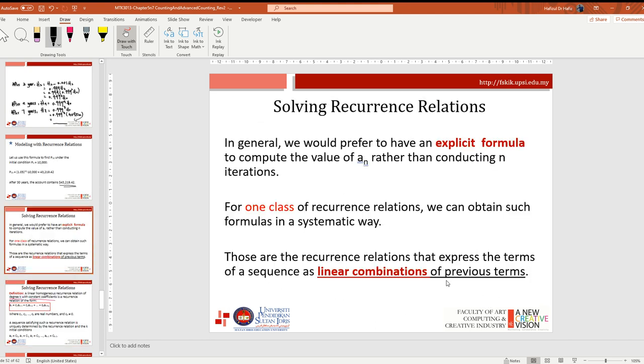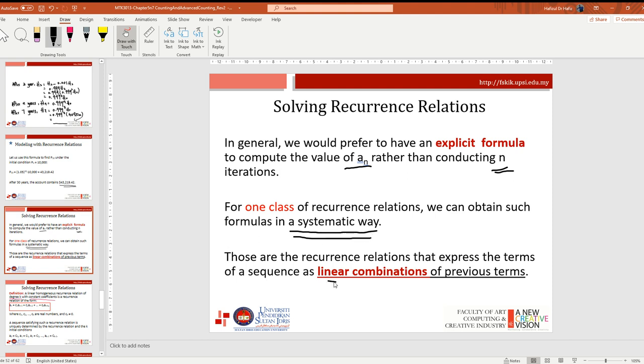Okay, so to solving the recurrent relation, in general, we should prefer to have an explicit formula to compute an rather than conducting an iteration so many times. For one class of recurrent relation, we can obtain such formula in systematic way. Kita ada formula yang khusus.